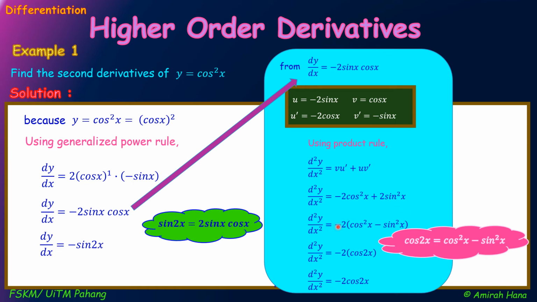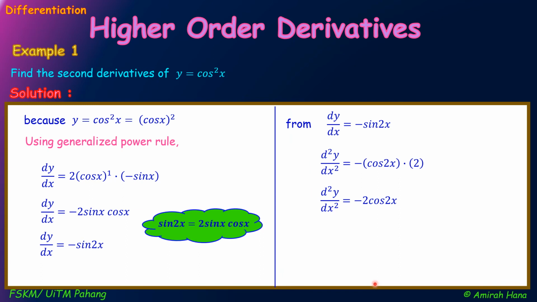It means we factorized correctly. And from here, cos squared x minus sin squared x equals cos 2x. So we can write it in the form of negative 2 cos 2x, eliminating the parentheses. Okay, we get the same answer.